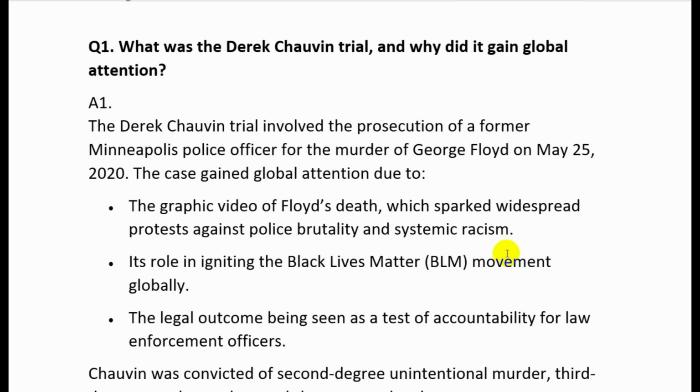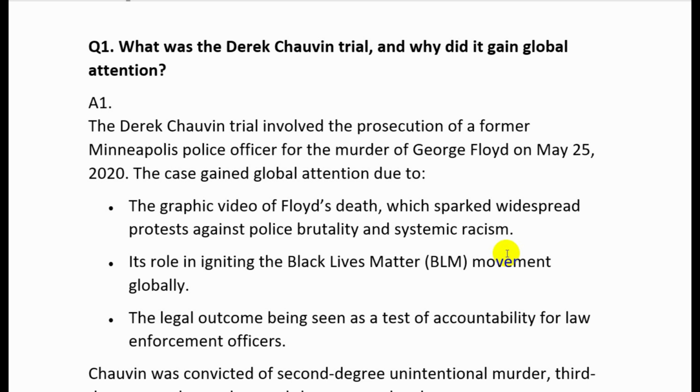Next is the case law of the Derek Chauvin trial and why it gained global attention. The Derek Chauvin trial involved the prosecution of a former Minneapolis police officer for the murder of George Floyd on May 25, 2020.